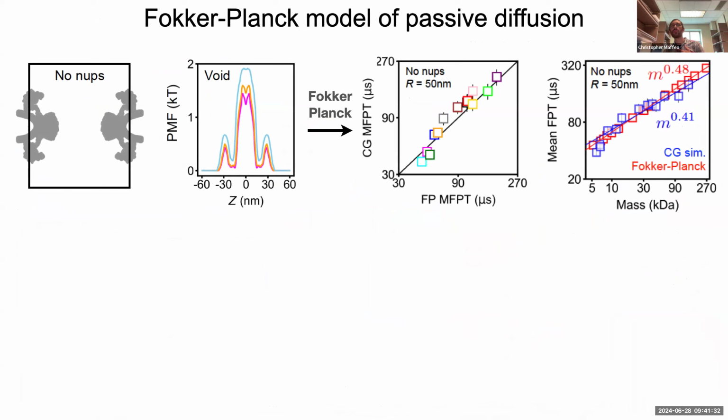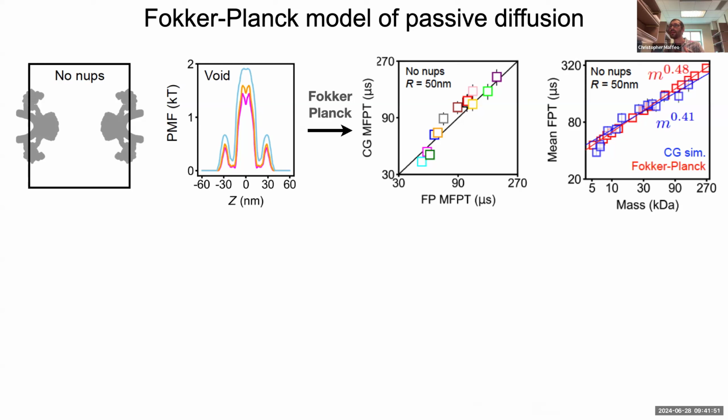And so then once you have this PMF, you can do Fokker-Planck analysis to extract a mean first passage time. So this is basically another word for the Smoluchowski equation. Don't worry if those are unfamiliar terms.